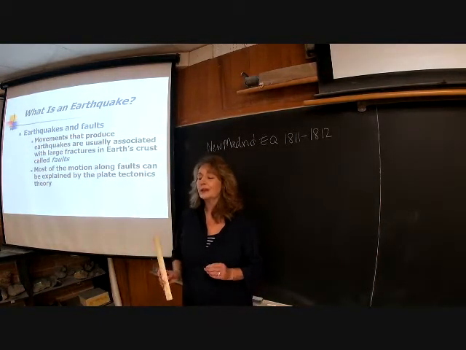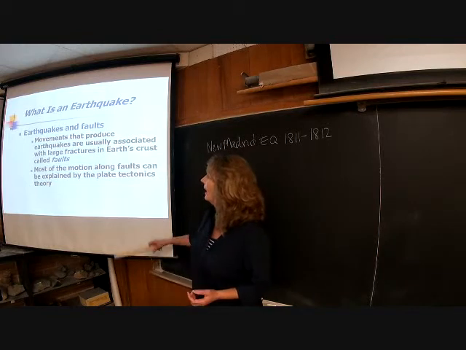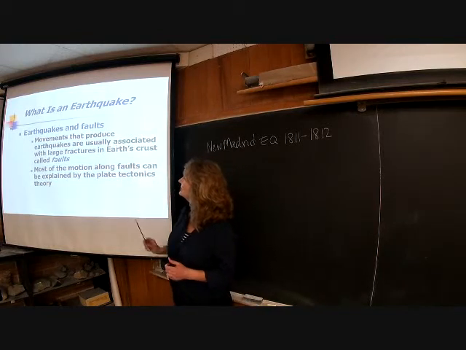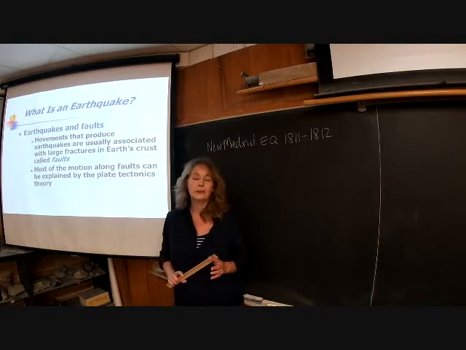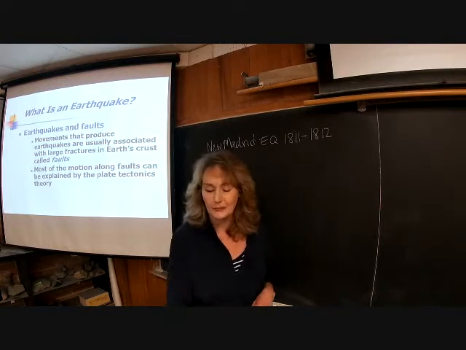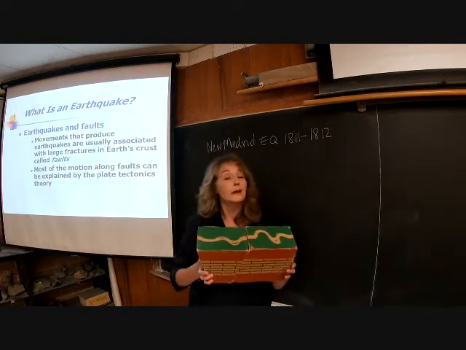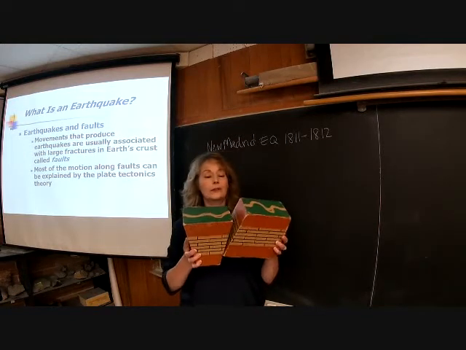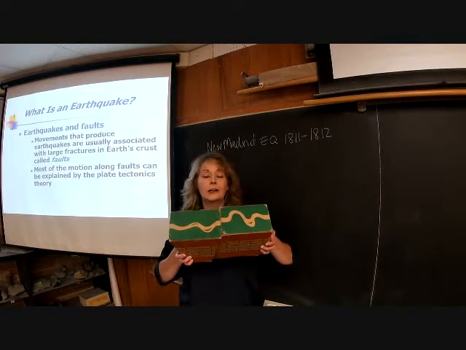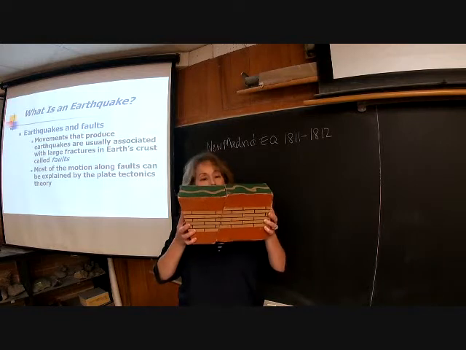Okay, so we talk about earthquakes and we talk about faults. The movement that produces earthquakes is usually associated with these large fractures. The Earth can move along those fault lines. So that line there is a fault, and you can get slippage.